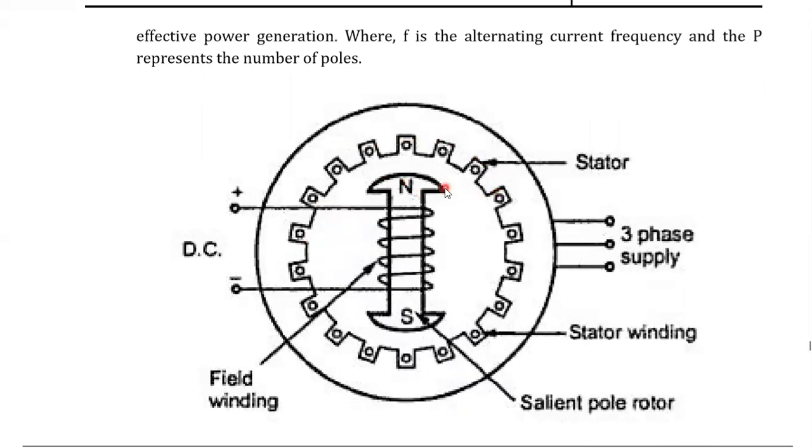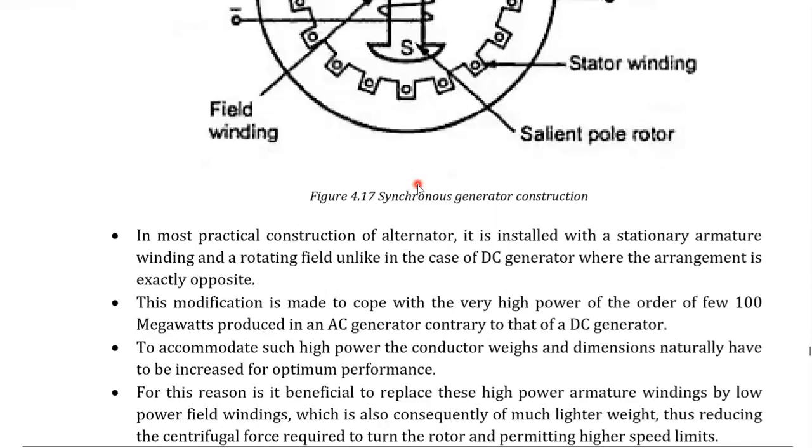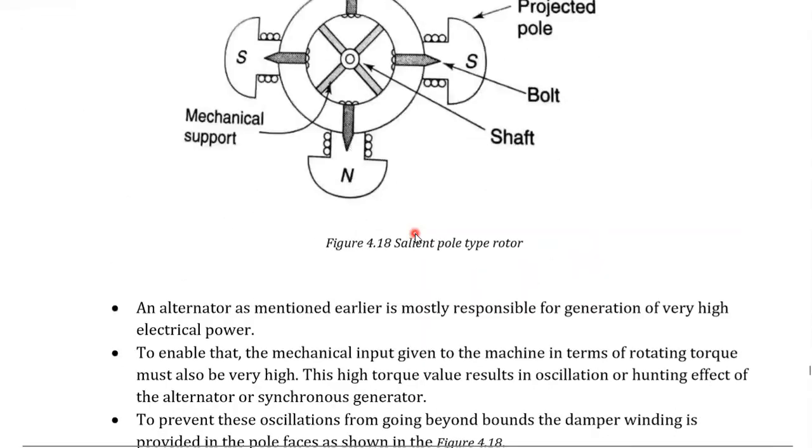Because of this relative speed, EMF is induced in the damper winding, current and torque are developed, and the rotor speed reaches synchronous speed. Understood? Because of the damper winding, these oscillations can be reduced.